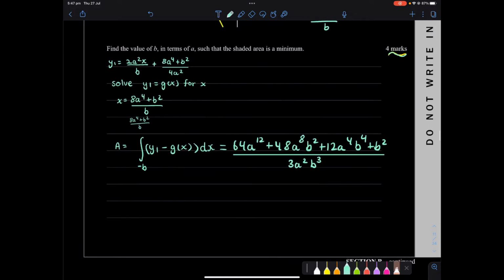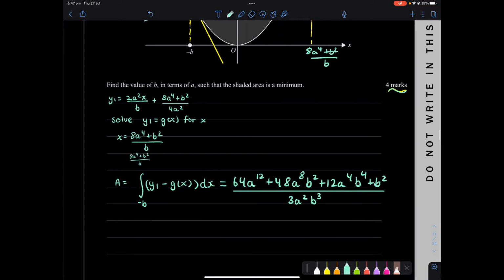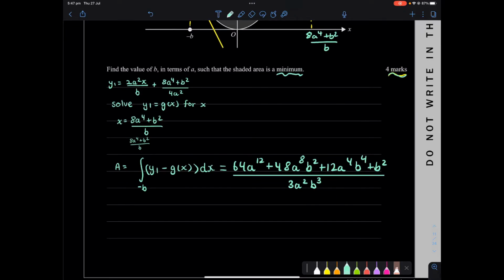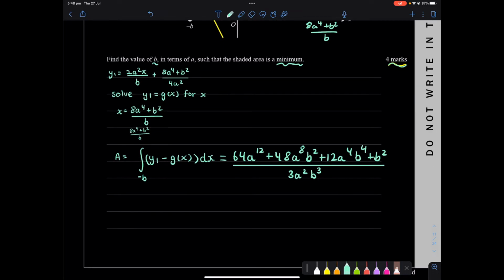So what I can use that now to find the minimum. So what I can do is, because I want to find the value of b, think of b as our x, and a as a constant because we want it in terms of a.